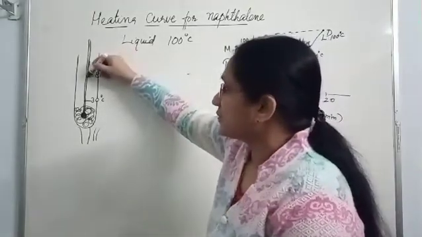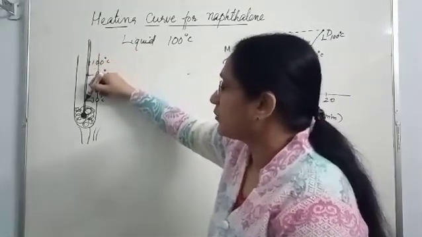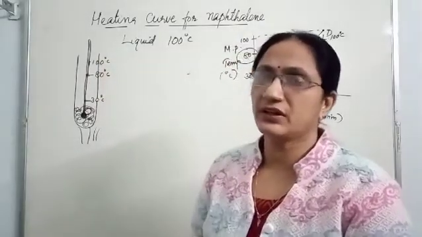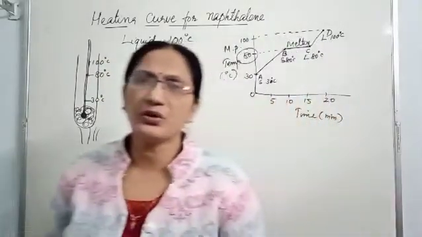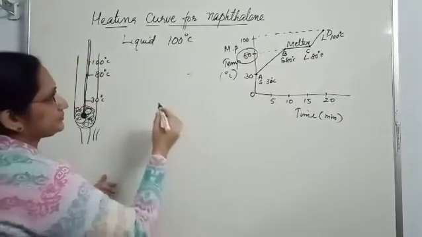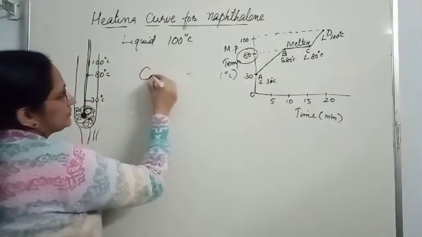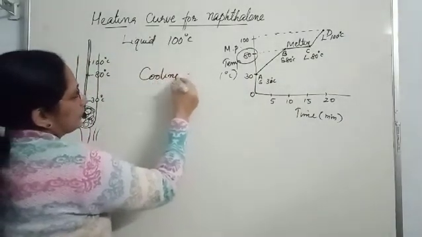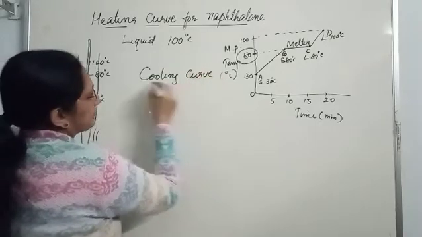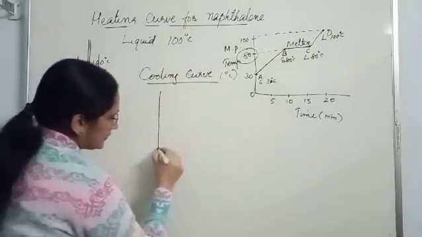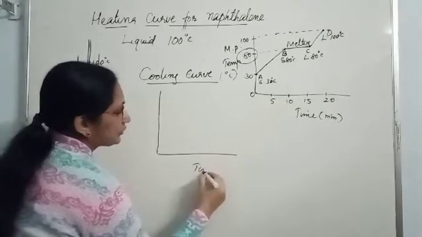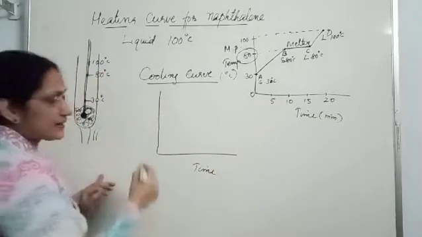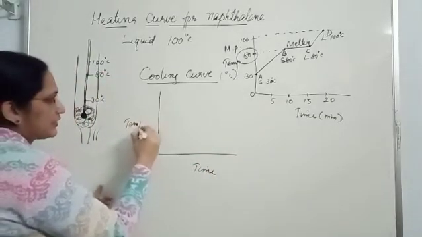Then after some time, the temperature will come down to room temperature of 30 degrees Celsius. So how will you plot the cooling curve? Here again, time you plot on the x-axis, temperature on the y-axis.